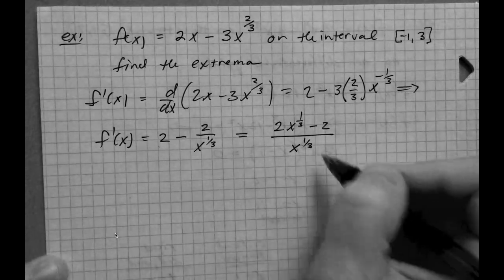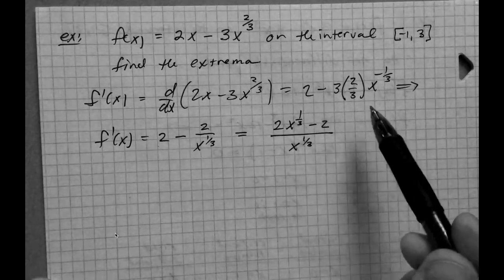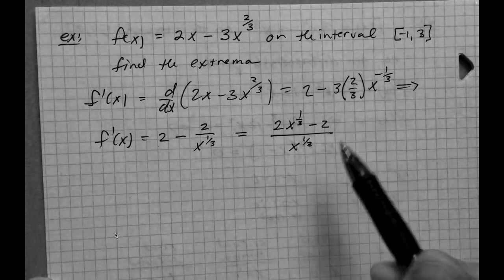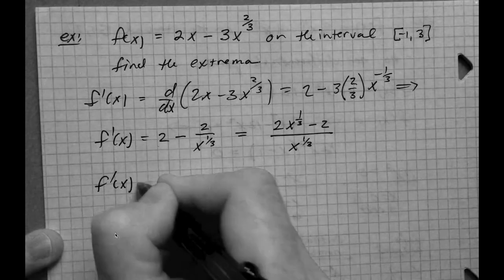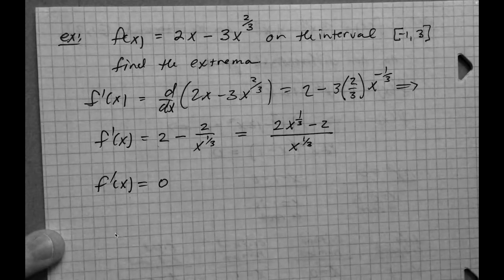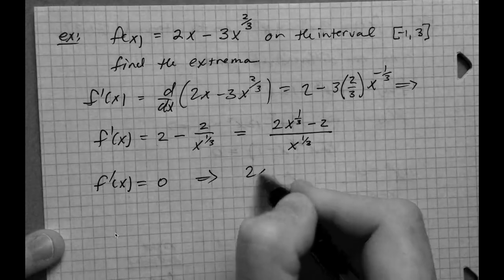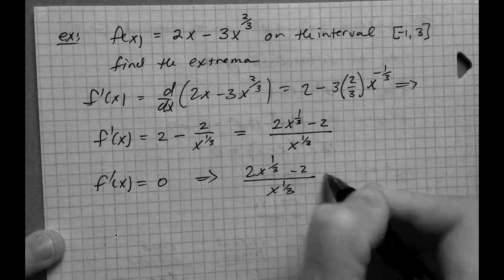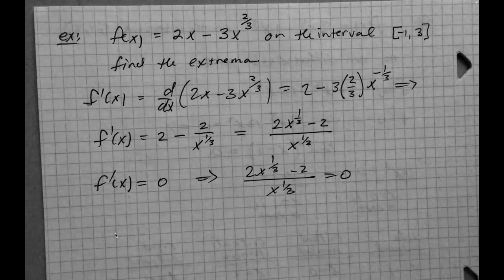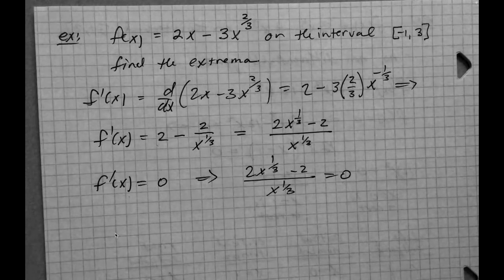This is better, and the reason this is better is because we're going to set this equal to 0 and solve for x, right? So f prime of x equals 0. So that means 2x to the 1/3 power minus 2 over x to the 1/3 power equals 0. Can we solve this for x?